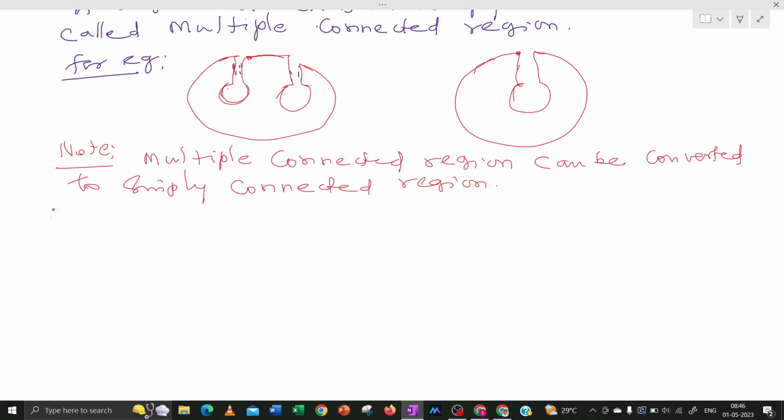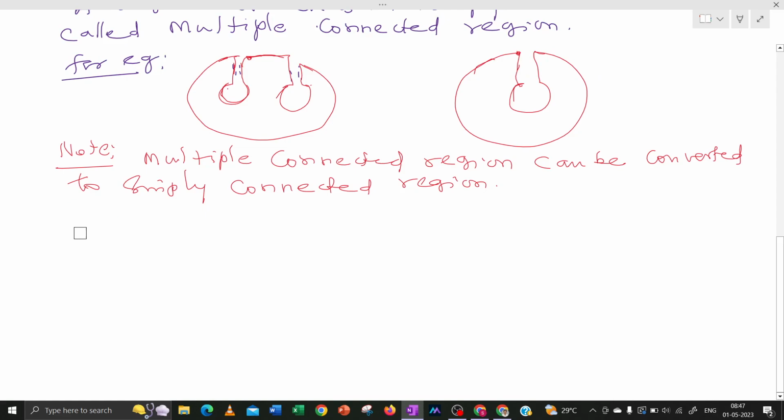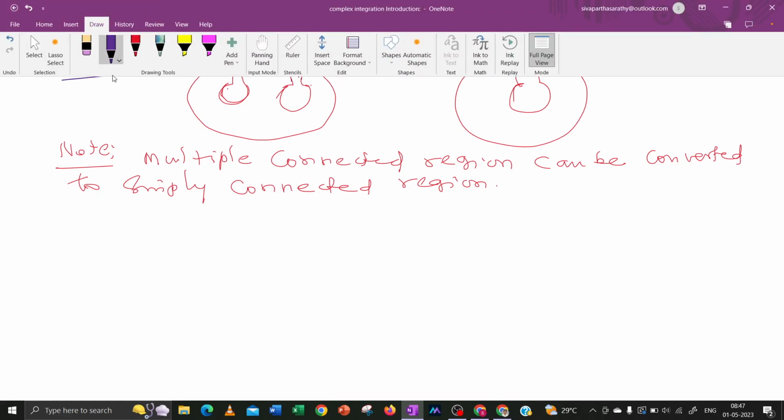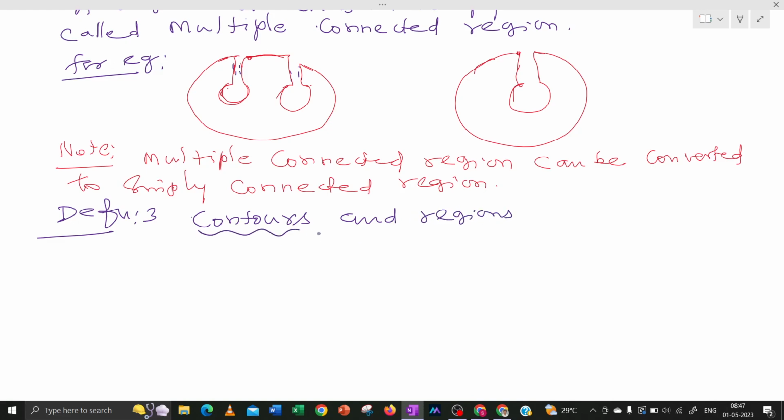Then next definition. Okay, change the pen color. Fine. Next definition is contours and regions. See the definition.